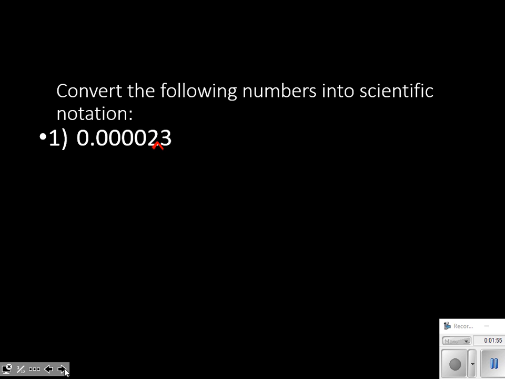I'm jumping my decimal 1 spot, 2 spots, 3 spots, 4 spots, 5 spots. If I move that 5 spots to the right, I'm going in the negative direction. So my answer is going to be 2.3 times 10 to the negative 5th.